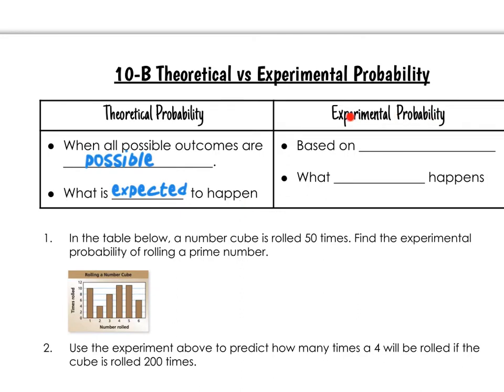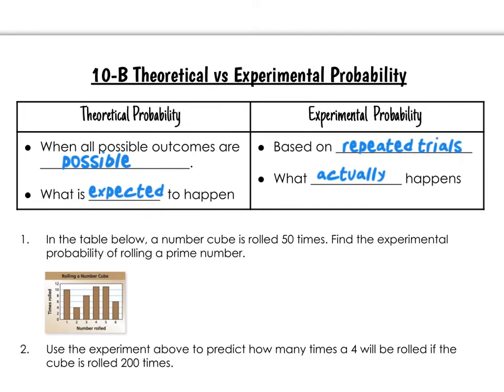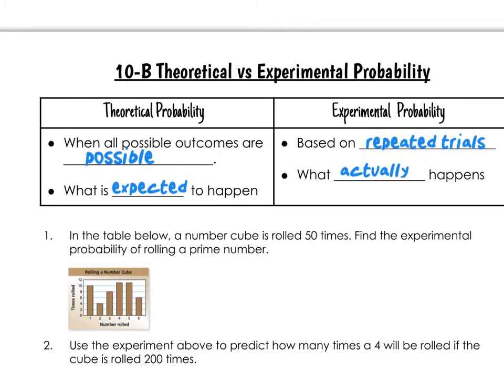Then we have experimental probability. Experimental probability is based on repeated trials, and it is what actually happens. So theoretical probability is what should happen in theory, and experimental is what actually happens when we do an experiment on it.